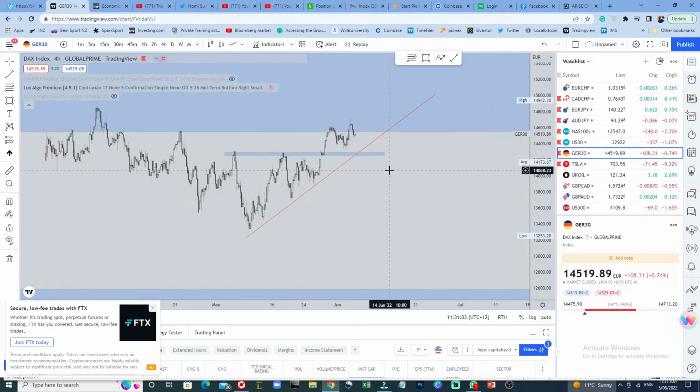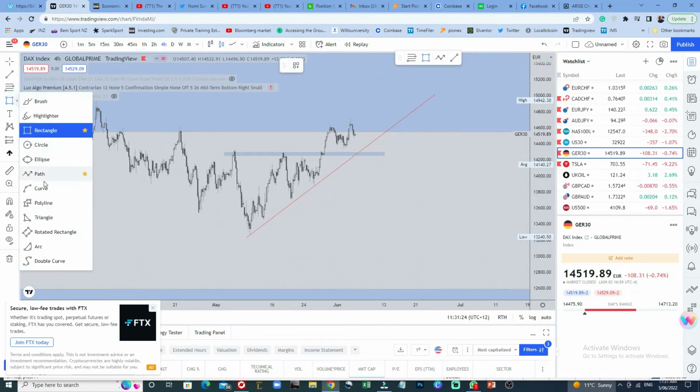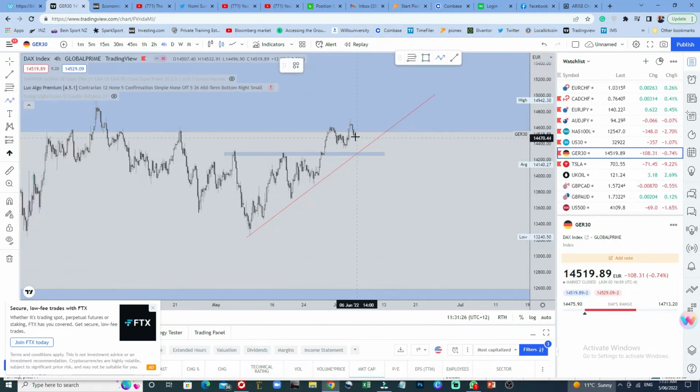Now, what we'll be looking for is, as far as the market does not pass this trend line, as far as the market is on the left side of the trend line, the market is still bullish. If the market comes here and breaks this line, then it's giving us a sign of a bearish trend.